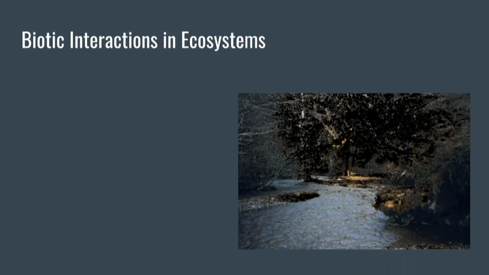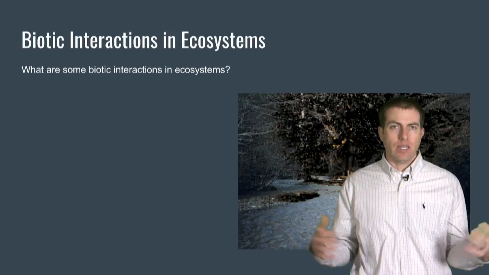Biotic interactions. So we have a nice little picture here of a nice forest, stream, some green stuff growing, some trees. What are some biotic interactions in this ecosystem? What are some living things that are interacting, not necessarily in this ecosystem, but in any ecosystem? Anywhere.